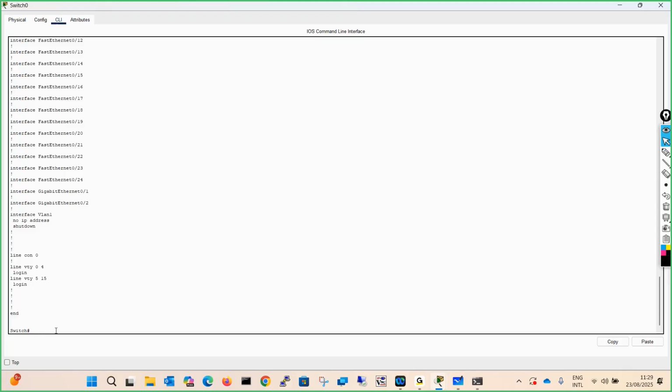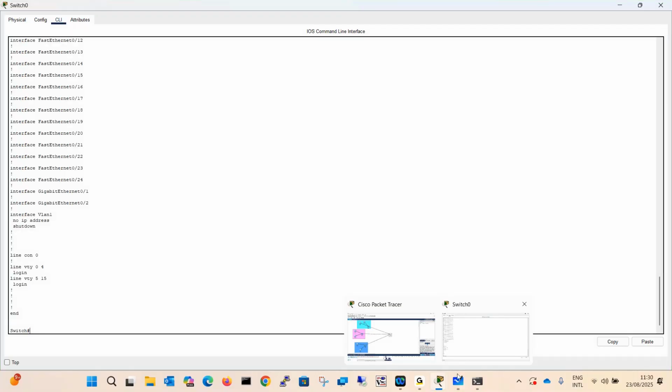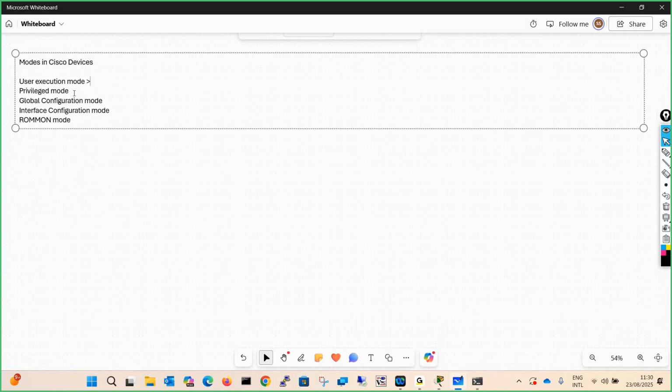Now, remember one thing I told, that the greater than sign is how you will recognize user execution mode. Privilege mode uses the hash sign.